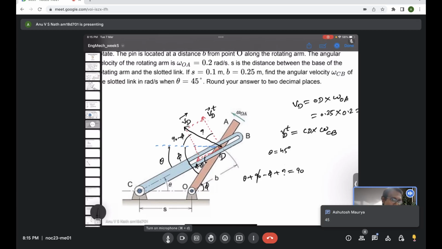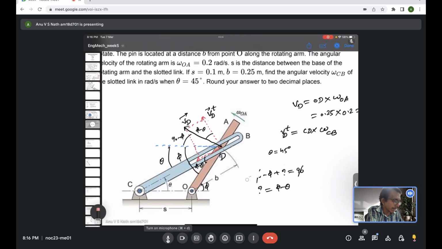So now if you solve, no, it's not 45. So 45 is theta, but theta is already given 45, but the unknown angle question mark, you can see it's actually 90 minus theta. So this angle I was talking about, which is 90 minus theta.